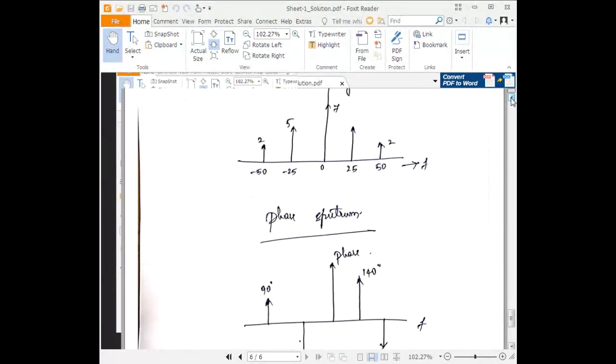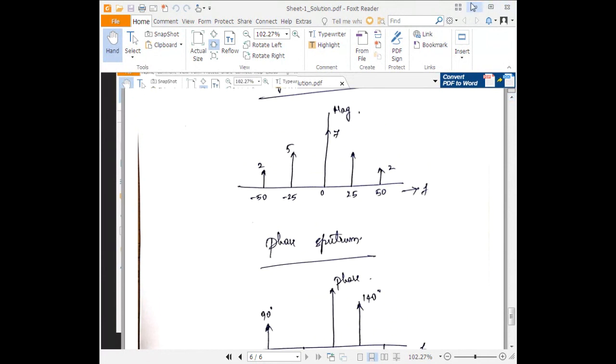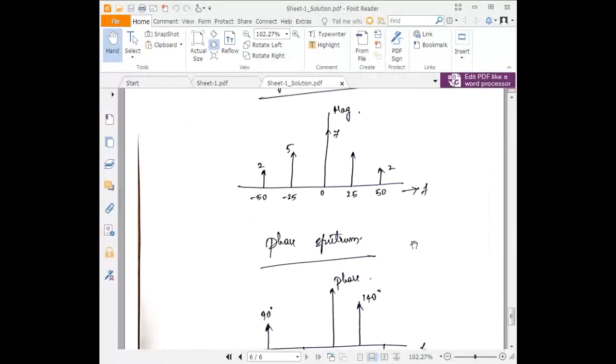How clear did you find the bandwidth, sir? Is it clear or not? Yes, yes. How do you find the bandwidth? Bandwidth is maximum 50 here, 50 minus 25.